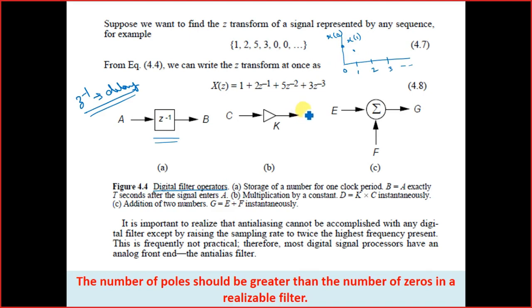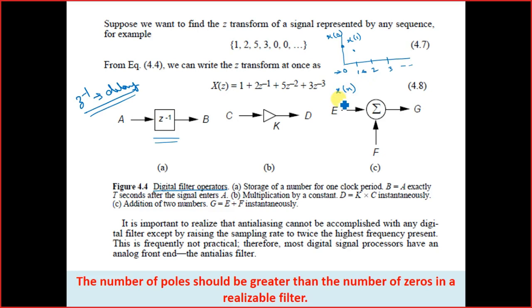Okay, so if we generalize, x of n, and I say that I want to delay the signal by 1 time index or 1 time period, this time period over here is the delta t, basically capital T. Okay, this sampling time period basically.